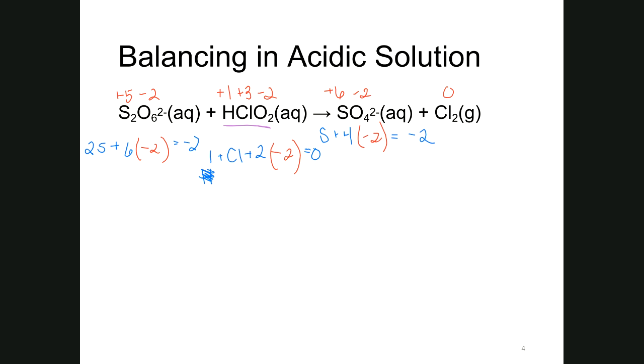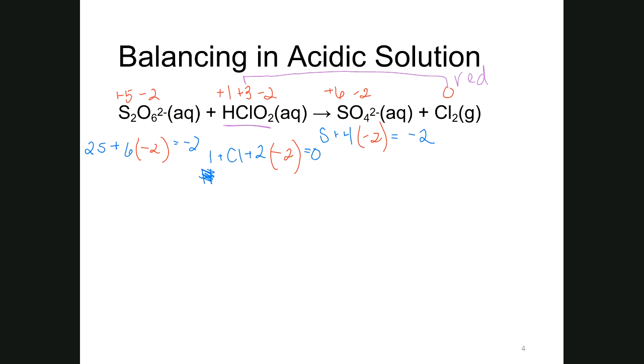So for reduced, remember we're looking for a number that decreases, and there should only ever be one. So if you have multiple substances that are decreasing, something went wrong. So the only one that is being reduced here is the chlorine. So we're going from a +3 to a 0. That's our reduced.